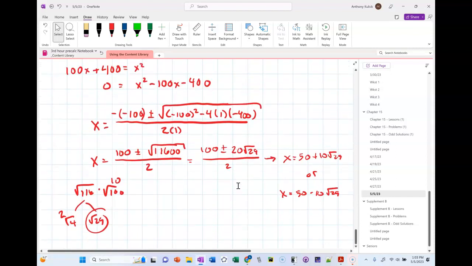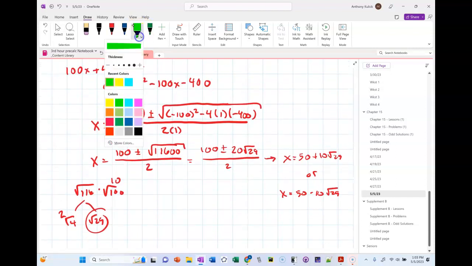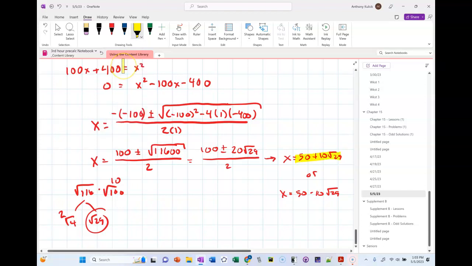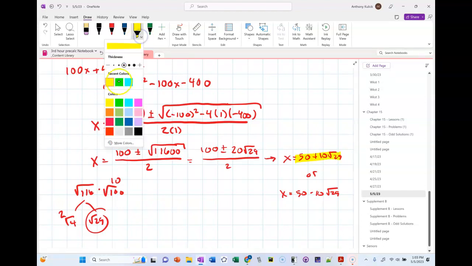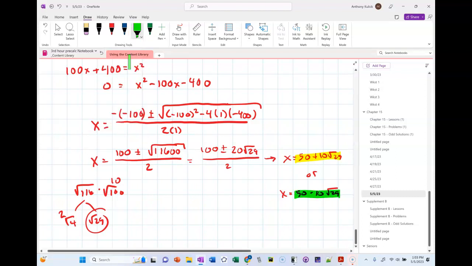And again, the first one should be fine because everything in there is positive. The one that I want to be careful about is this second one. And really what I want to know is, is 50 minus 10 root 29 going to be negative or not? Now I can look at this and tell that it is, since square root 29 is bigger than square root 25, or 5.